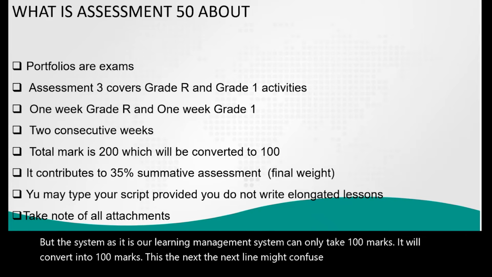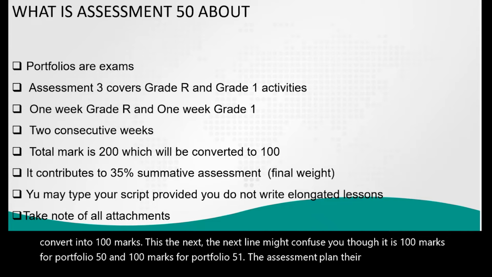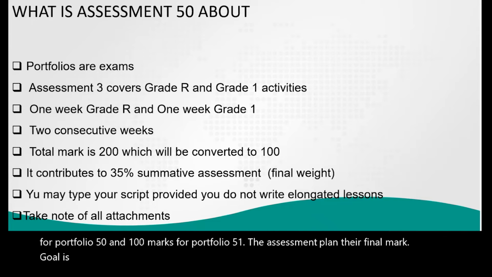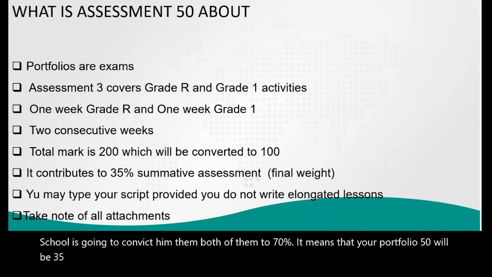The next line might confuse you. Though it is 100 marks for portfolio 50, and 100 marks for portfolio 51, in the assessment plan the final mark is going to convert both of them to 70%. It means that your portfolio 50 will be 35%.